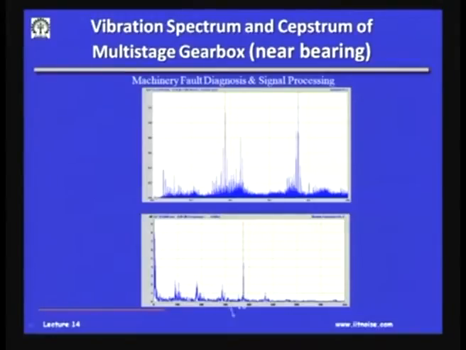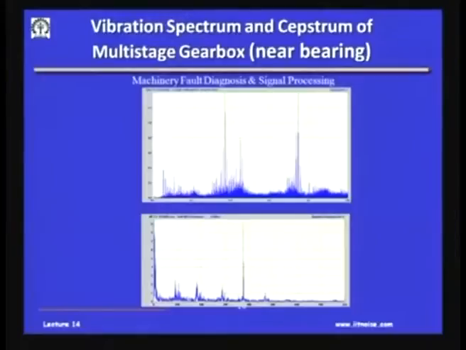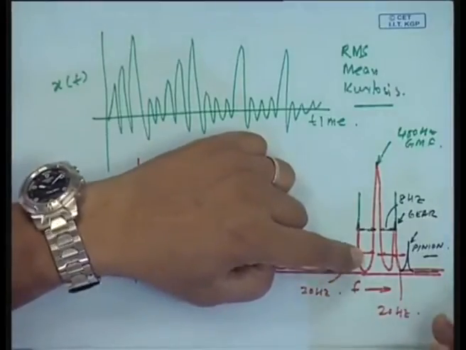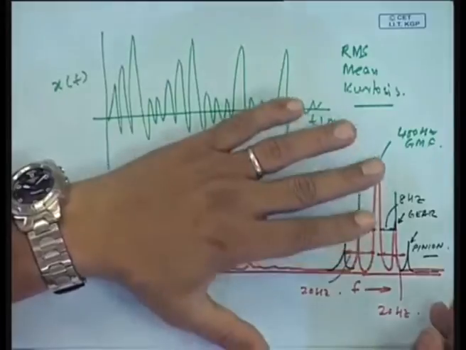But if I do a cepstrum, see the quefrency and know, well, it is this quefrency which corresponds to the pinion which is increasing, I can say for sure that the sidebands of the pinion have increased. So, pinion is at a fault, and that is the power of cepstrum analysis. Sometimes, if you have done a good measurement, a good frequency analysis, if you have a good delta f, you can get a good resolution, and then you may be able to distinguish them. But cepstrum otherwise is a very, very powerful technique to determine modulations in signals. Okay.